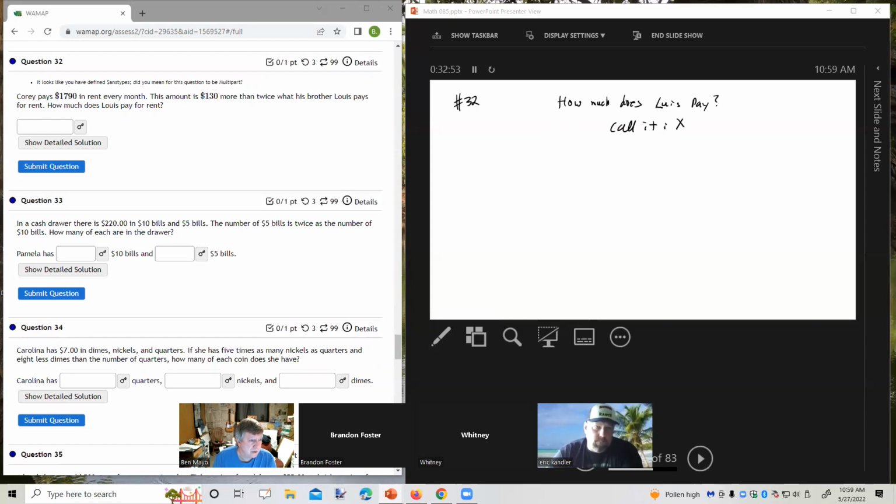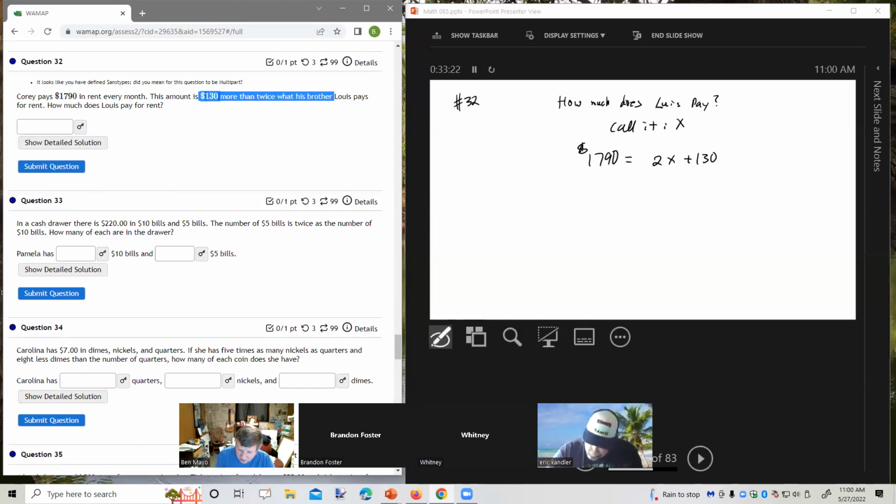Corey pays 1790. So there's Corey. This amount, Corey's amount, is $130 more than twice what his brother pays. So here again, we've got a situation where even though they're asking about Lewis, they're describing Corey's pay in 2 different ways. They're telling us it's $1790 and it's $130 more than twice Lewis.